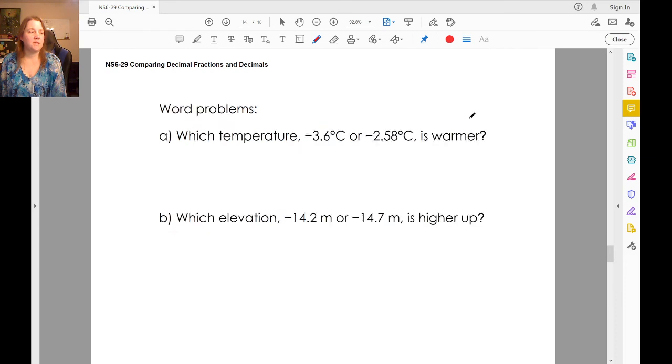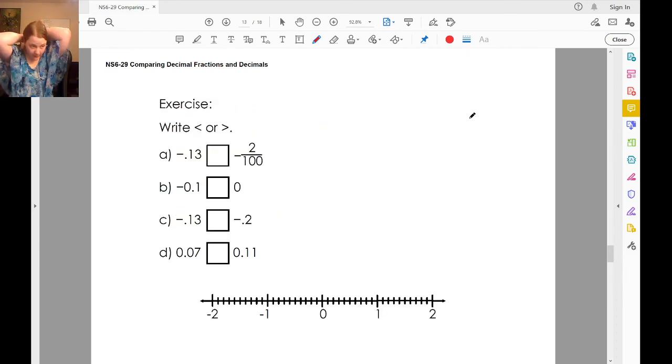Now what they want us to do is extend this out. So negative 0.13 or negative 0.02. In my opinion, I'd probably convert things to decimals or to fractions with common denominators. But we also have a number line here, so let's take a look at that. Negative 13/100ths, negative 0.13. Well, this is whole numbers, so it's going to be hard to fit things here.